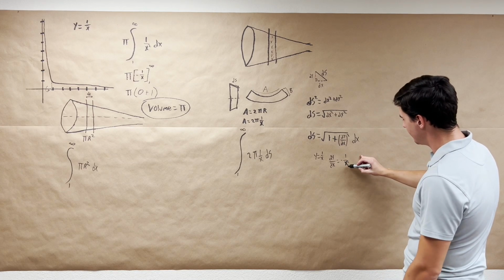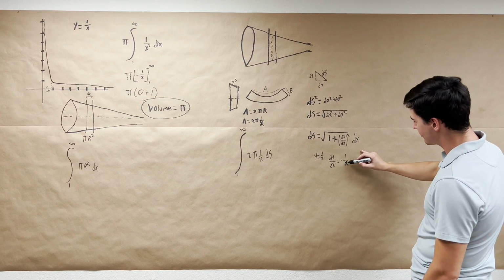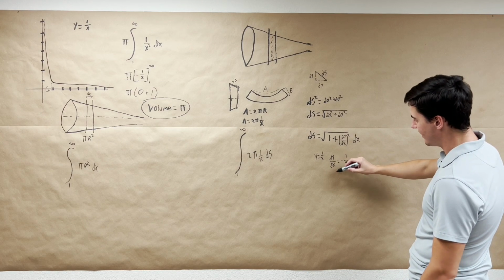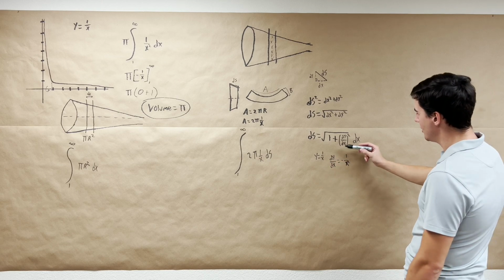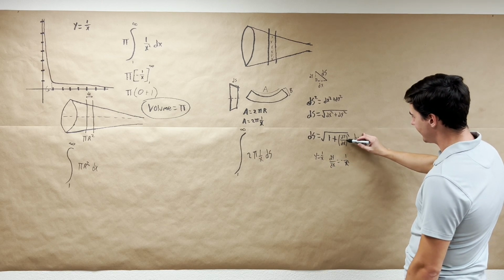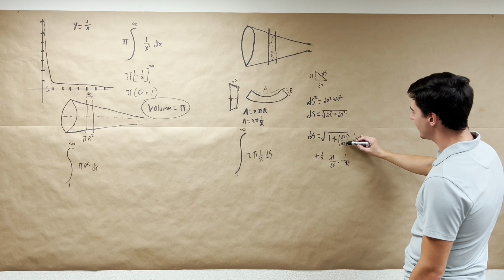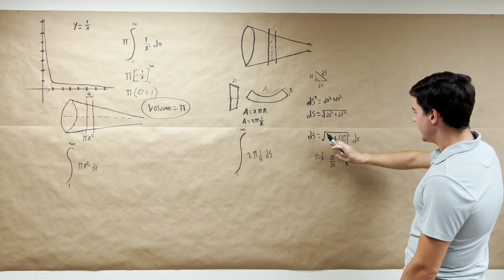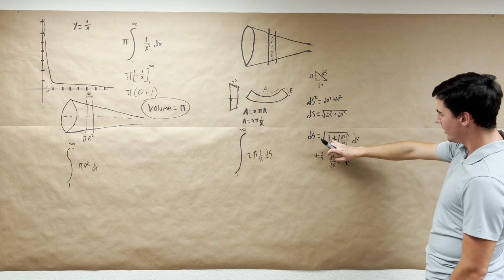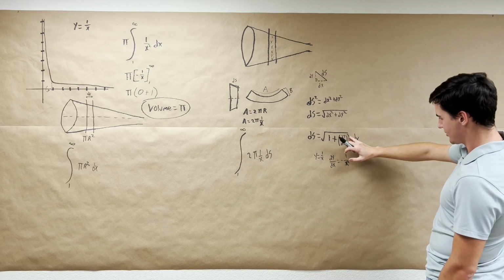So we substitute this negative 1 over x squared, which is dy dx, from our initial function, back underneath the radical here, square it, and then we're going to have the square root of 1 plus dy dx squared, times dx.